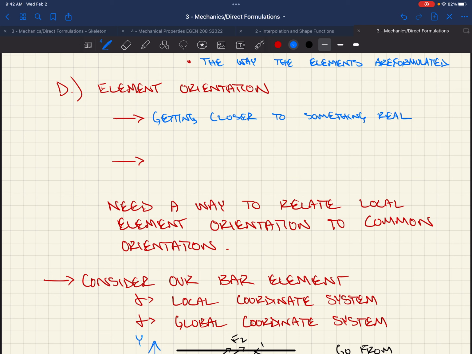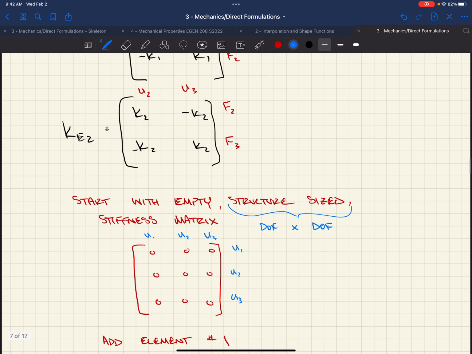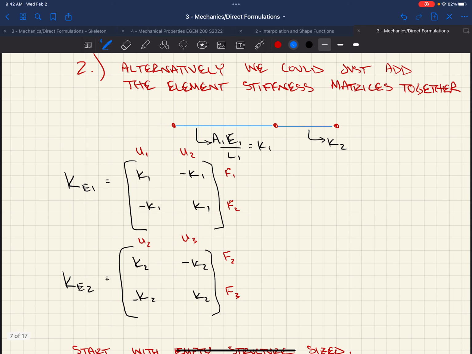One other step we need to make to get closer to something real is that the real world doesn't have all these line elements in a line. Things are in different orientations. And so even though locally the stiffness of this bar element is a function of the direction along the length of the bar element, this bar element may have a kink in it. It could be straight and then be up.